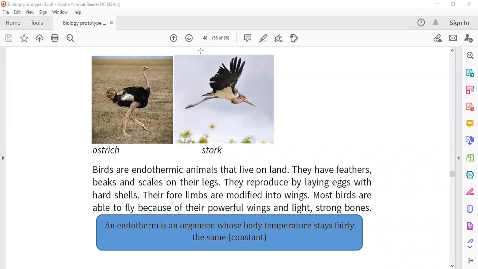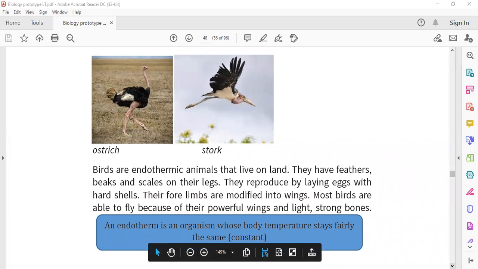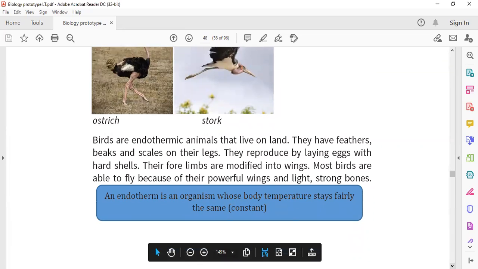Maybe to compensate for flight, because they are not able to fly. Although they have wings, they don't use them for flight in that case.